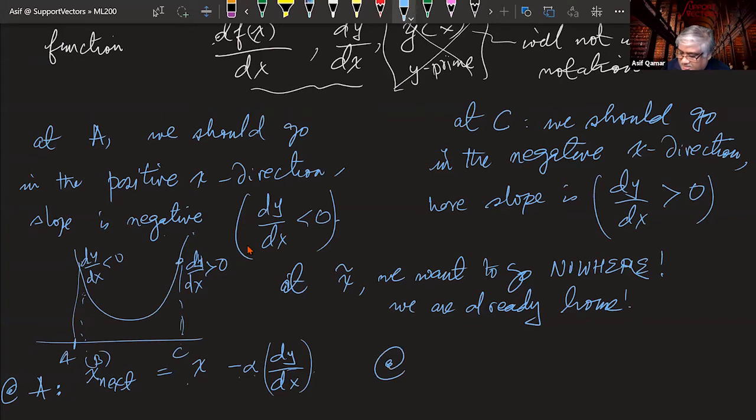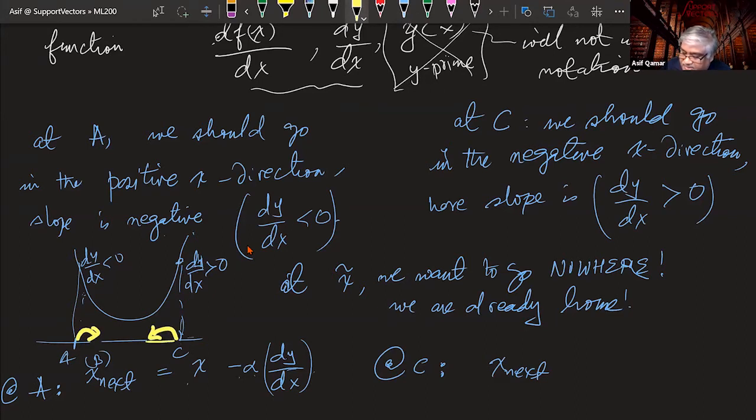Now let's look at C. What do you want to do? The slope is positive. Once again, your next value of x should be a hop back. Here you want to move in this direction.